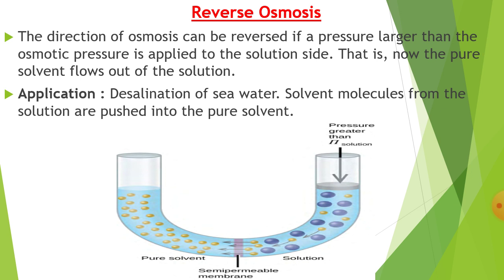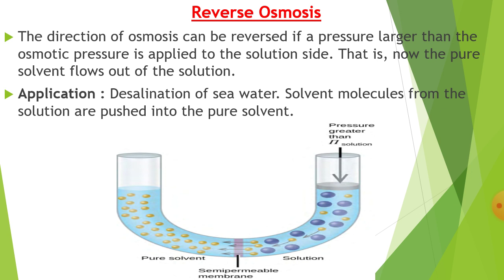The purifiers used in houses are also an example of the RO system. Application: desalination of seawater, that means removing salt from seawater to get fresh water. This also works on the RO system.